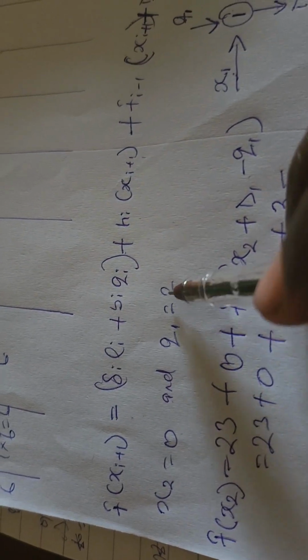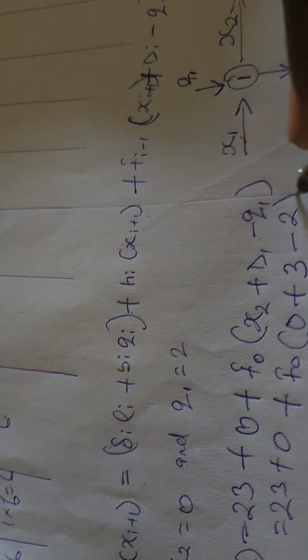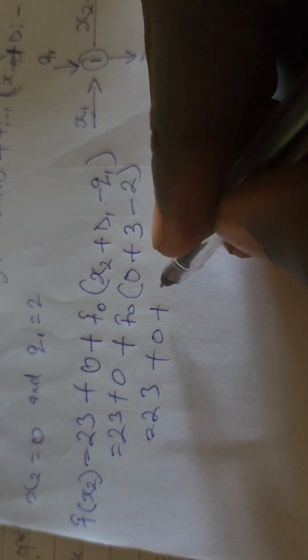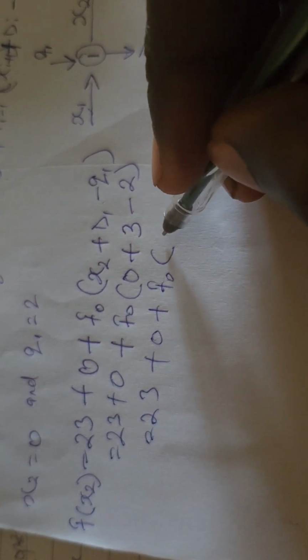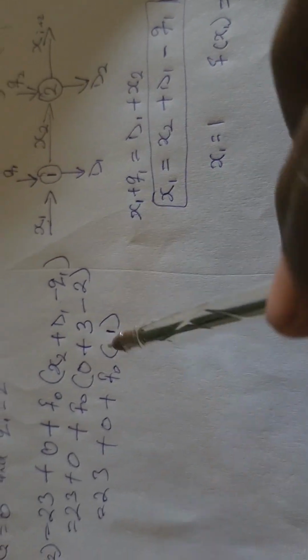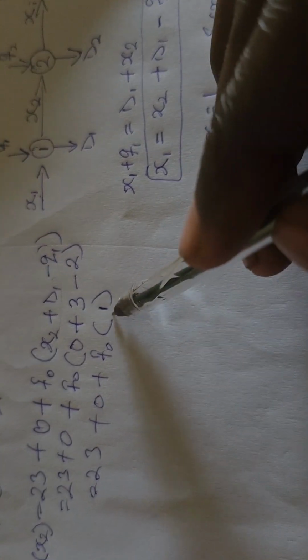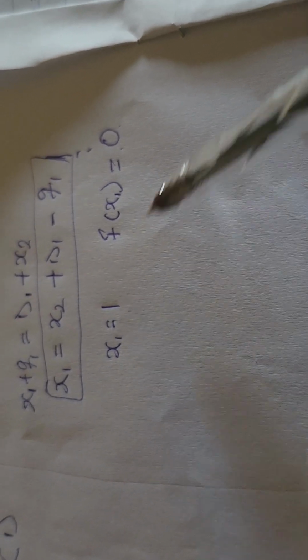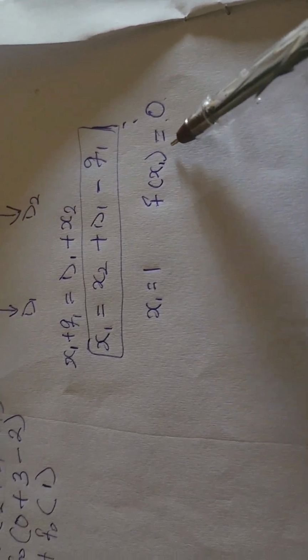And when q1 is equal to 2, it is 23, plus 0 plus f naught 1. You know that we said our x1 is what is inside this bracket, and we're given that. So our x1 here now is 1, right? In the question we're given our x1 to be equal to 1. So our f of x1 now is 0.